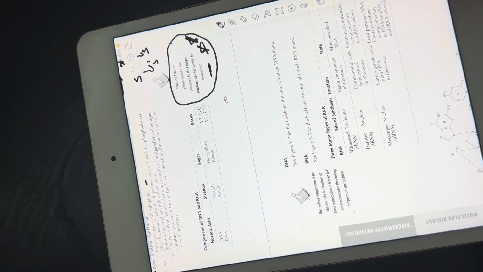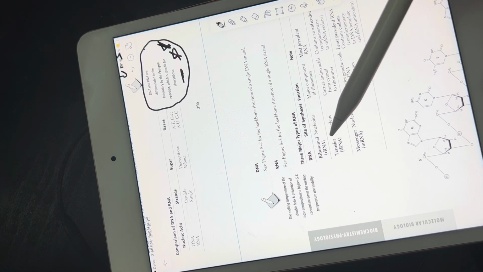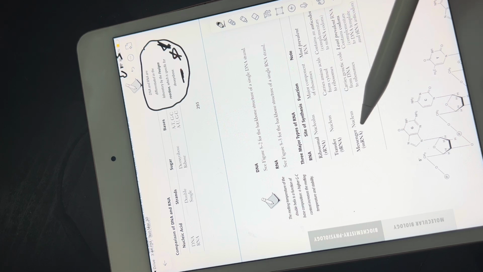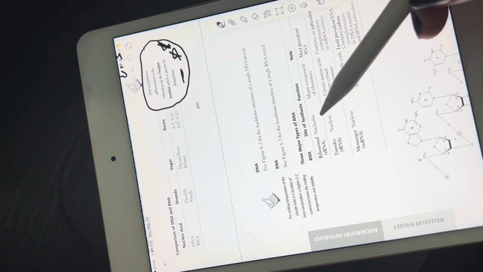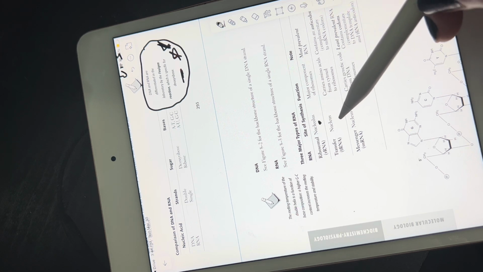Then we have the important question of the types of RNA: ribosomal, transfer, and messenger RNA. The second important thing to remember is their location.